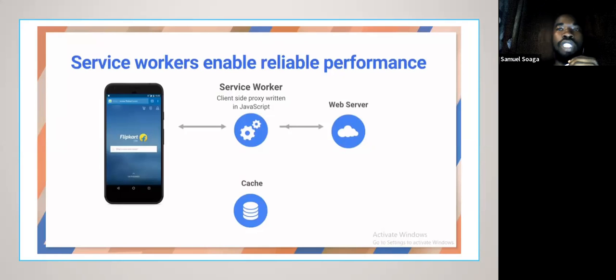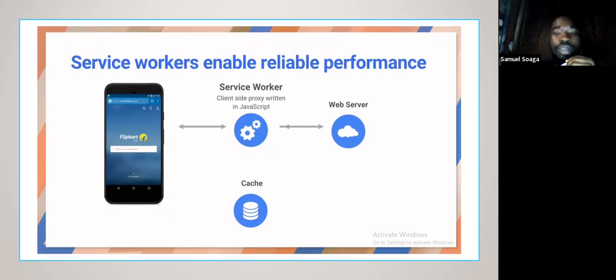You check if your browser supports service worker and you register it, then you can write your JavaScript code in the service worker. As long as your browser supports it, all you have to do is register it.